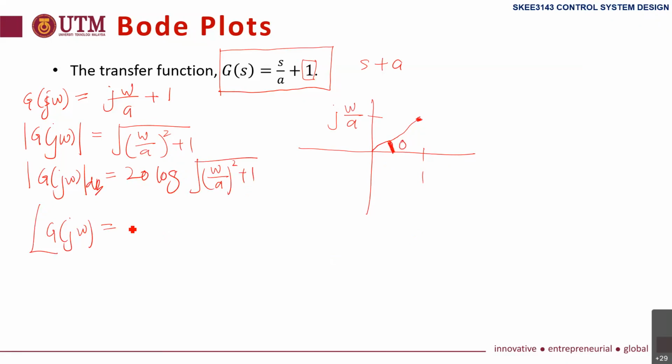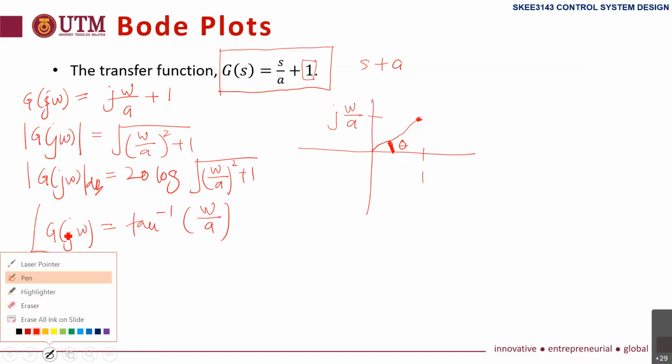We can use tangent inverse of omega over A over 1, so just omega over A. Right? Let's draw or sketch the Bode plot for this form.